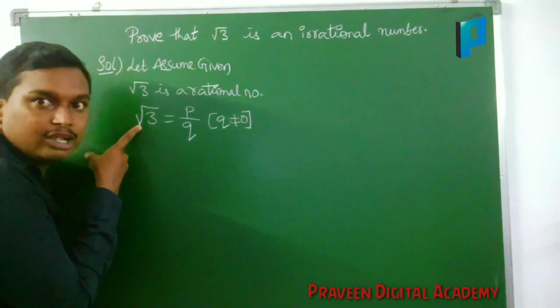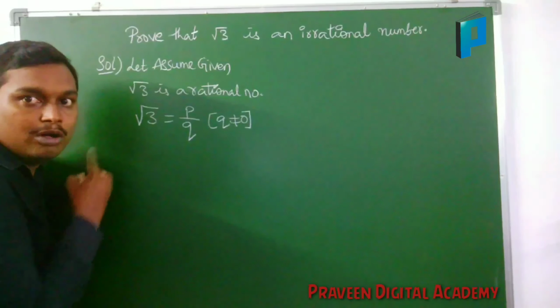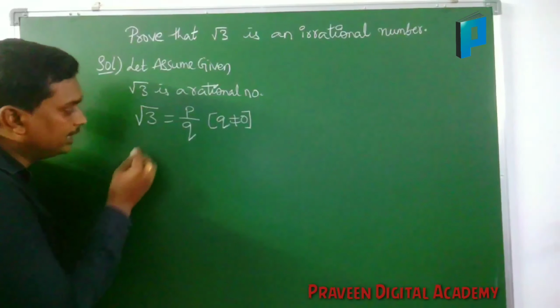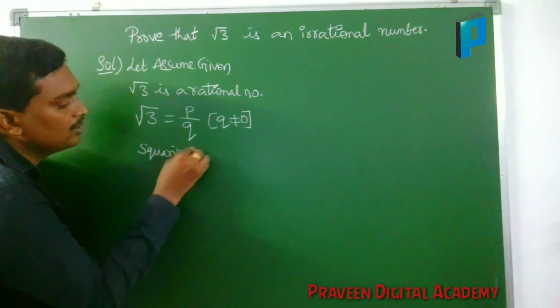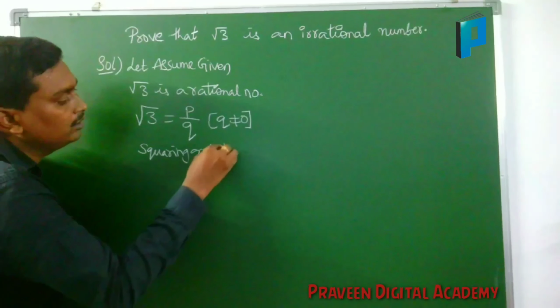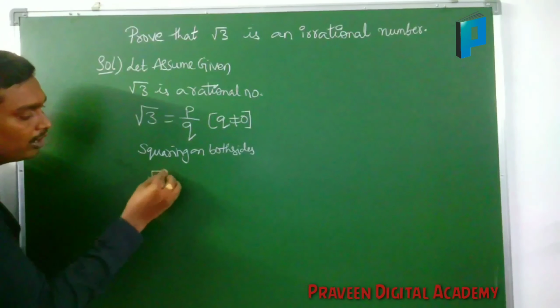Now here we have a root. How to remove this root? This root will be removed by squaring on both sides. By squaring on both sides, what do we get?